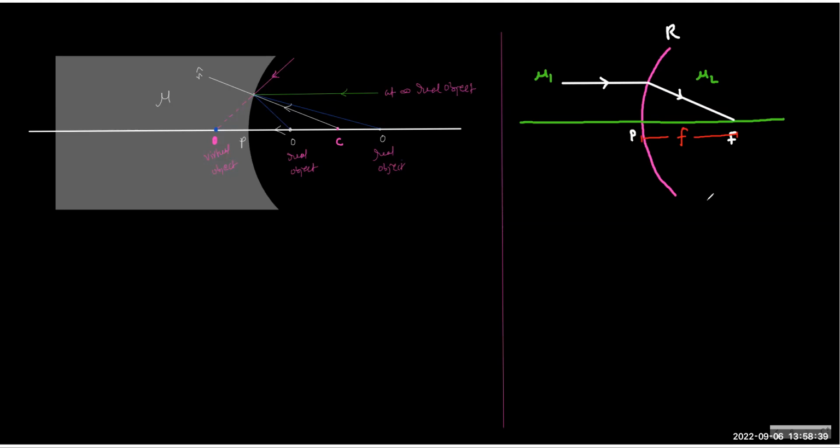So tell me the answer. What are you getting? Write your answer in terms of mu1, mu2. Sir, this F is the image distance. And is this image distance positive or negative? It's positive. Very good.